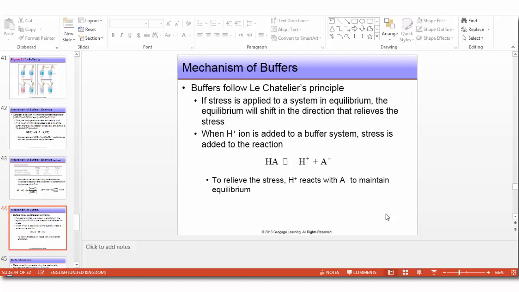Now in our case, when H plus ion is added to the buffer, stress is added to this reaction. So to relieve the stress, this H plus will react with A minus to maintain equilibrium. The added H plus is being consumed by the conjugate base.